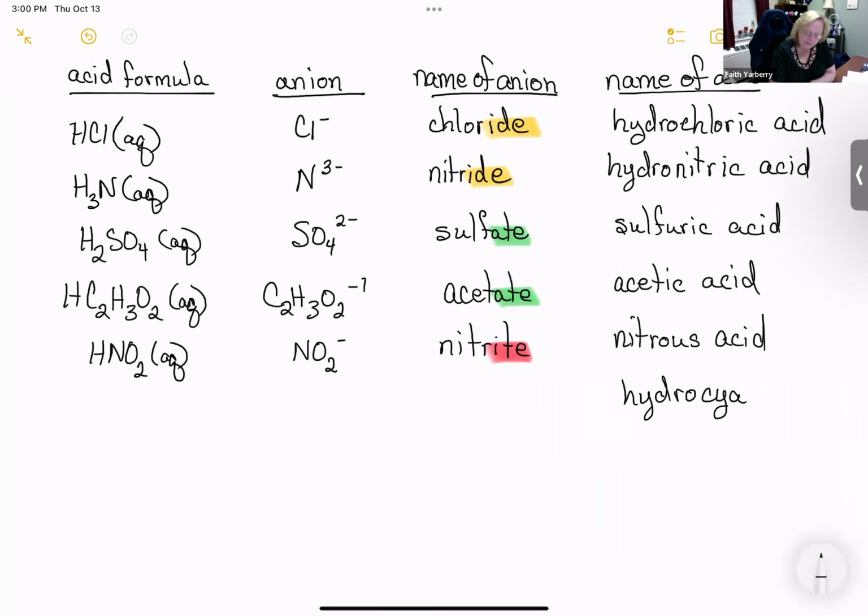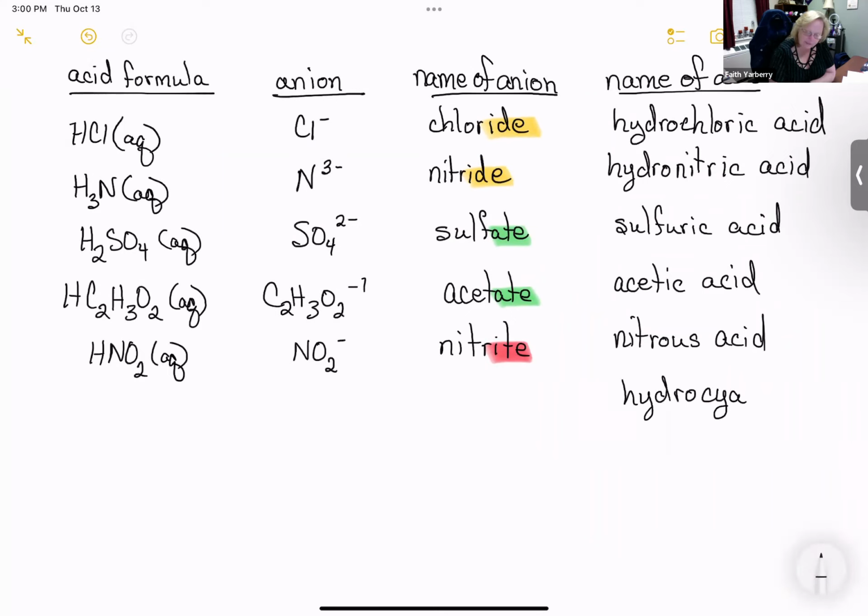Let's look at the next one. Perchloric acid. Okay, I don't see a hydro, but I see an ic acid. If you don't have a hydro, but you have an ic acid, that means it came from the ATE.